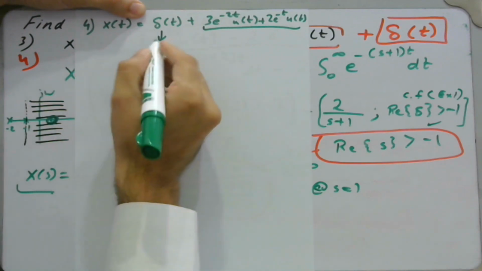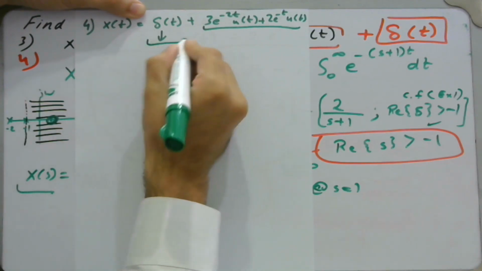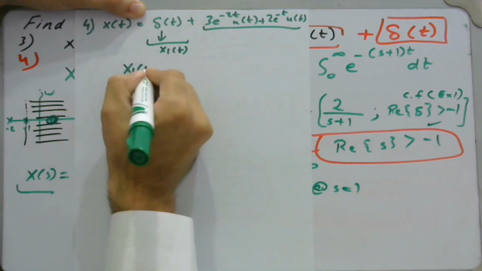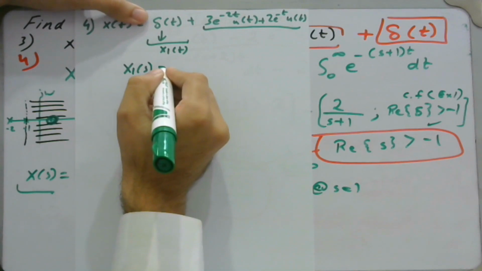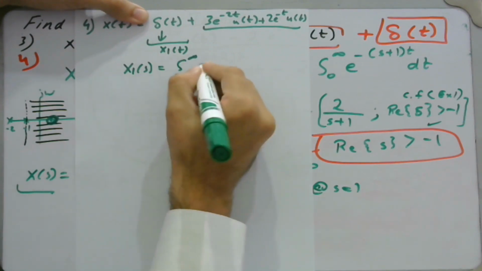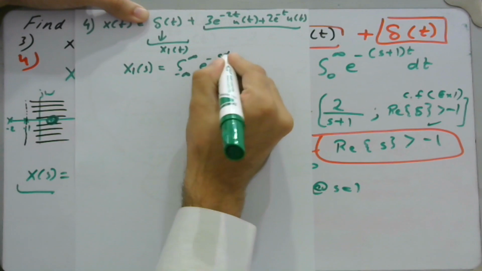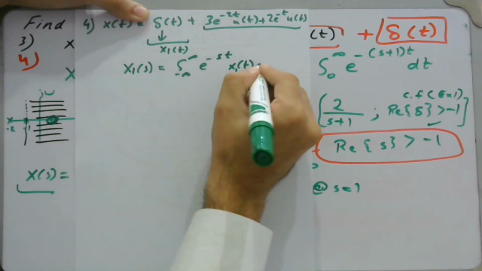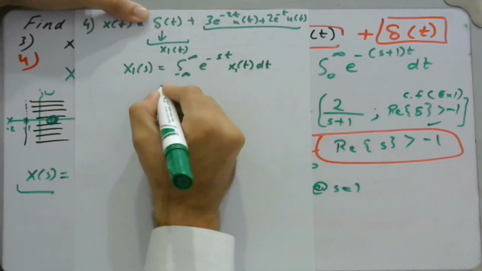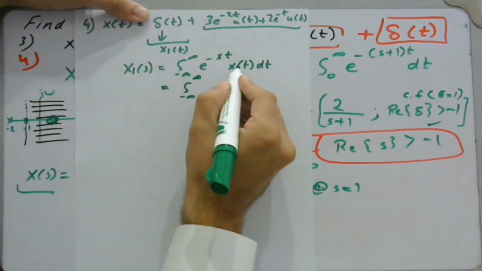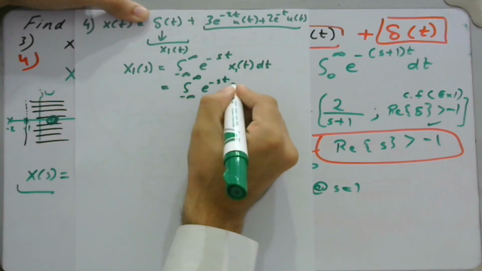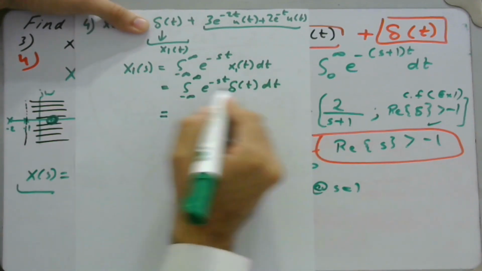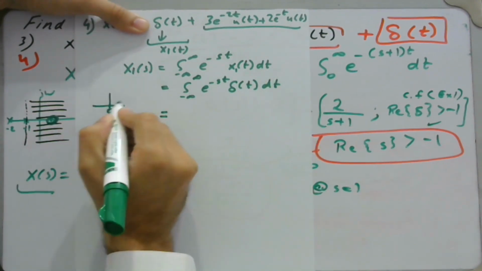Let's do the Laplace transform for this function. Let's call this x1 of t. So x1 of s is simply the integral from minus infinity to infinity of e to the minus st times x1 of t dt. But this is simply delta of t dt. Delta of t is only valid at time 0.